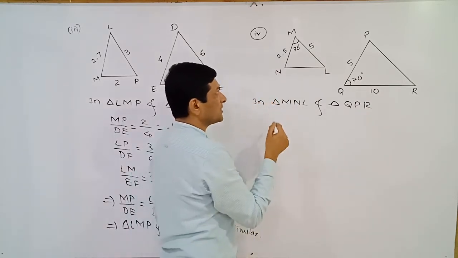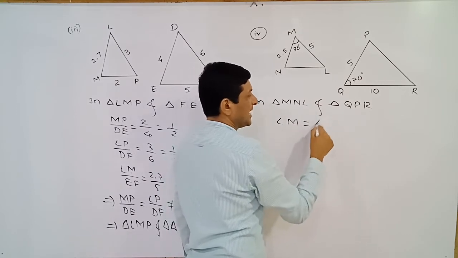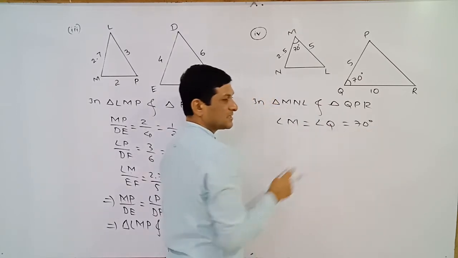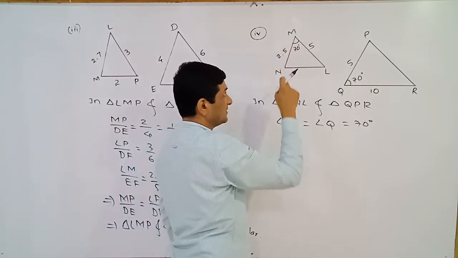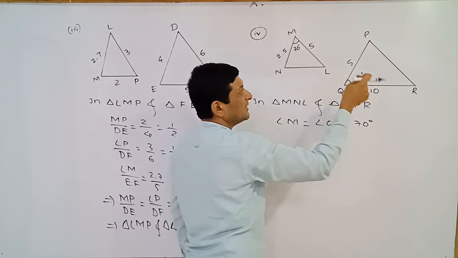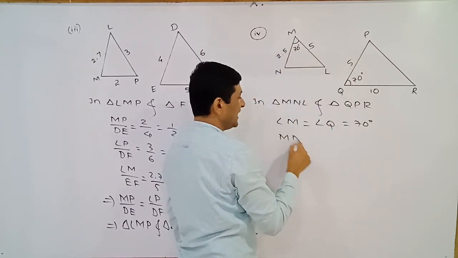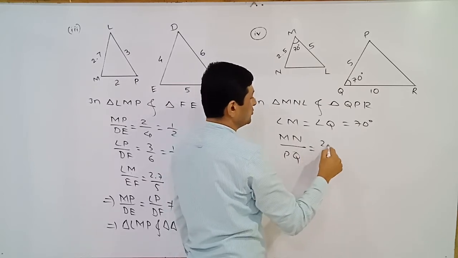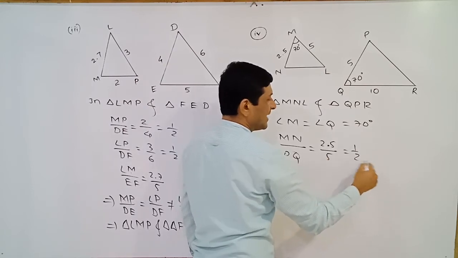Now in these two triangles, we can say that angle M is equal to angle Q, which is 70 degrees. Both the angles are equal to each other. It is given to us. Now we are finding the ratio of MN and PQ, which is 2.5 upon 5, equal to 1 by 2.